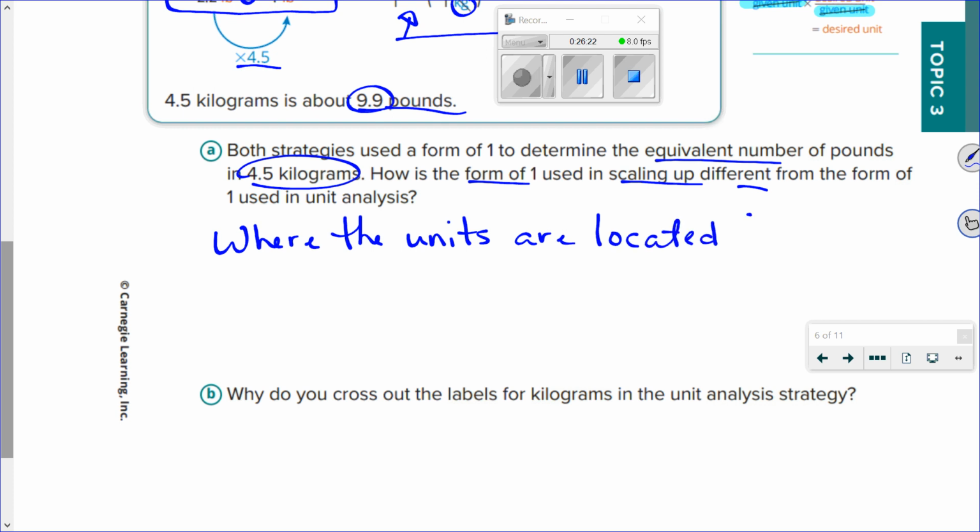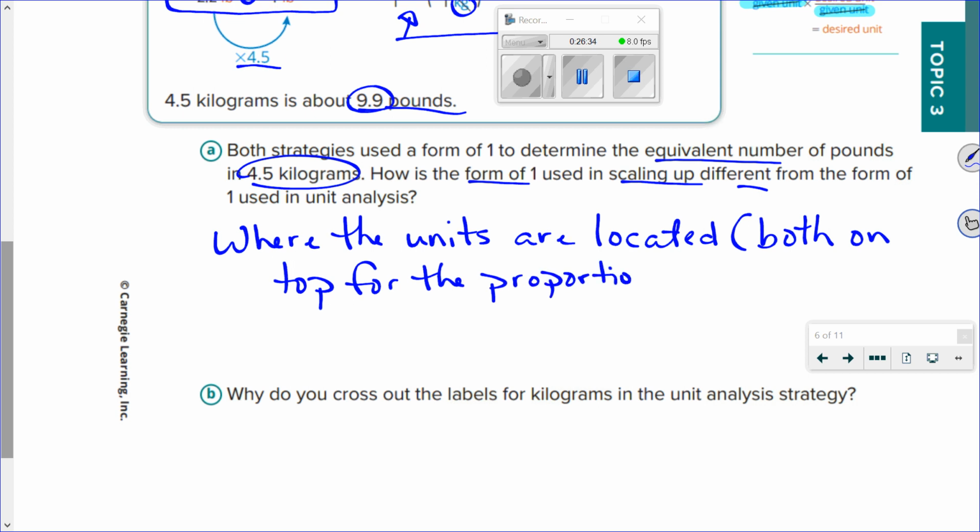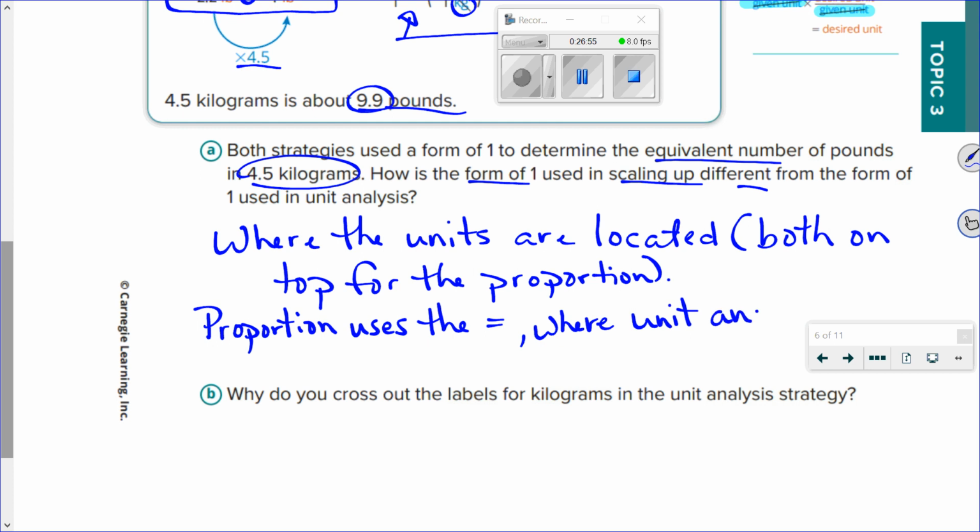And here's what we want you to remember. Both on top for the proportion. And the other big difference, proportion uses the equal sign, where unit analysis uses multiplication.